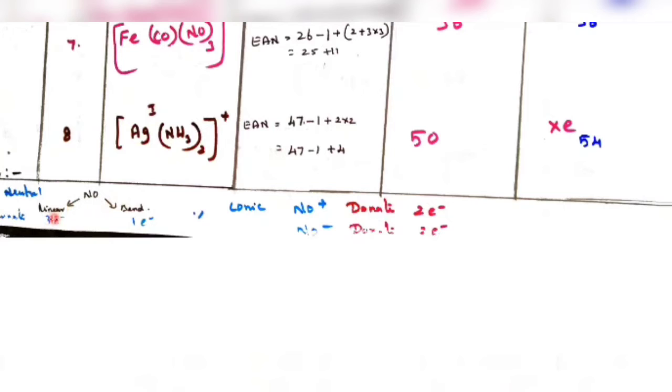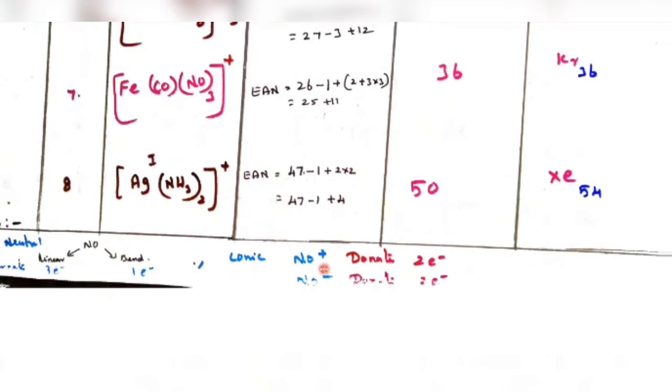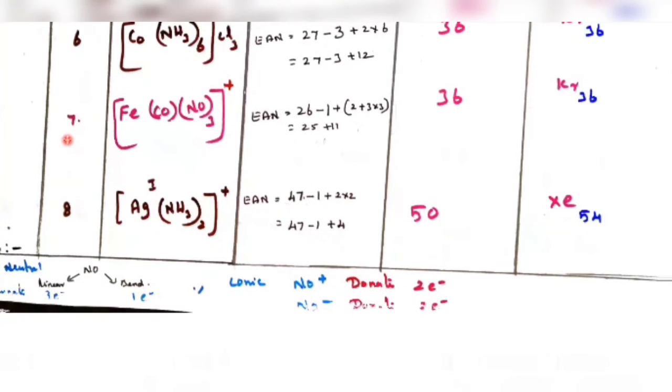If it is in a bent form, it donates 1 electron. In the ionic case, NO plus donates 2 electrons, and NO minus also donates 2 electrons. It is very important to notice all these points.